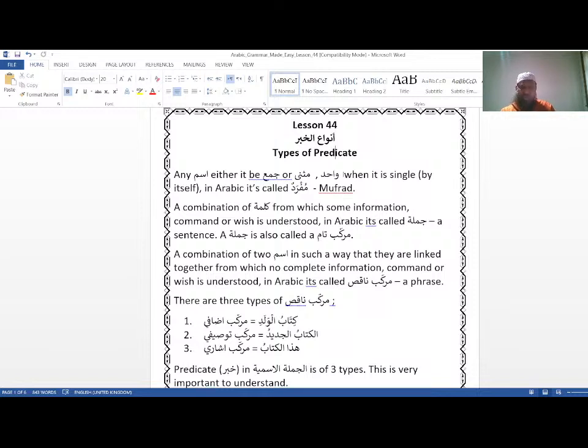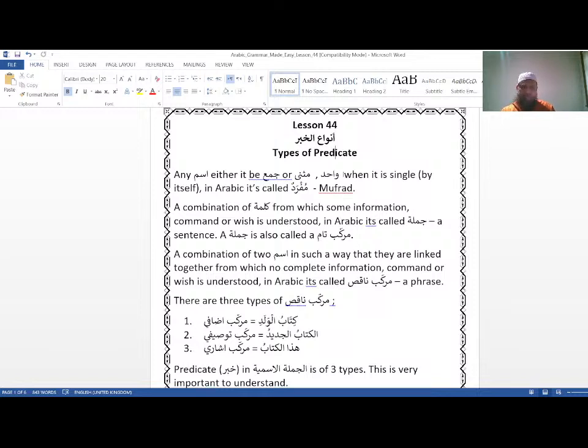Khabar also can be a complete jumla, murakkab tam. But mubtada cannot be a jumla. Mubtada either mufrad or murakkab naqis, a single word or a phrase. That's it. Mubtada can only be these 2.